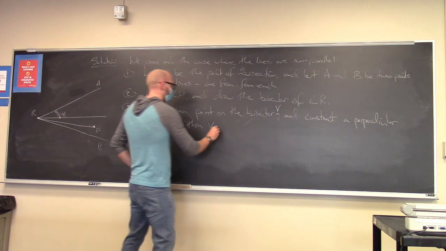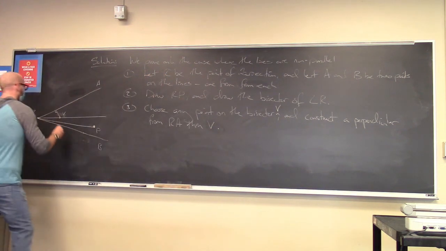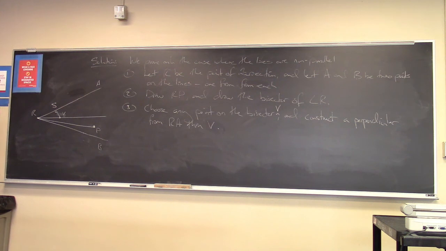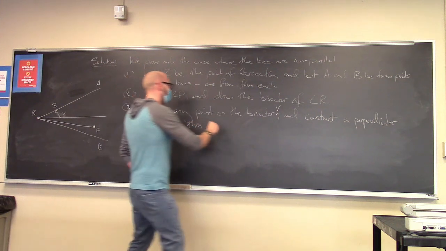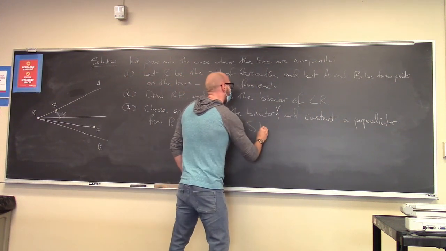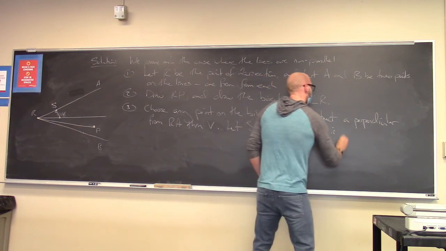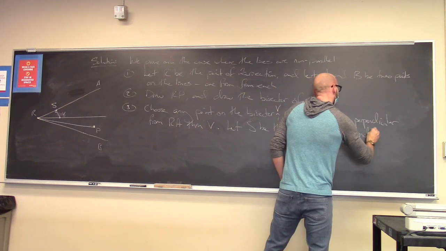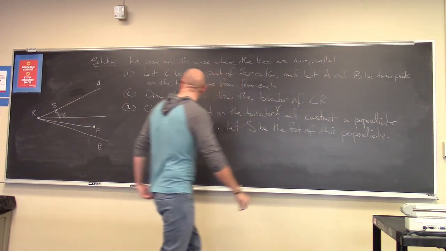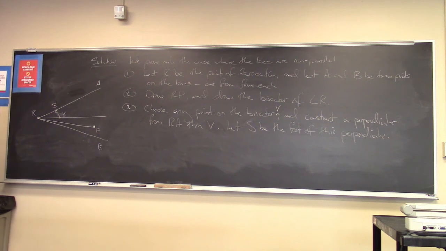I don't really like the way I'm wording this, but somehow I now have to give rise to the fact that I want to call this point S. So let S be the foot of this perpendicular. Alright, what now?